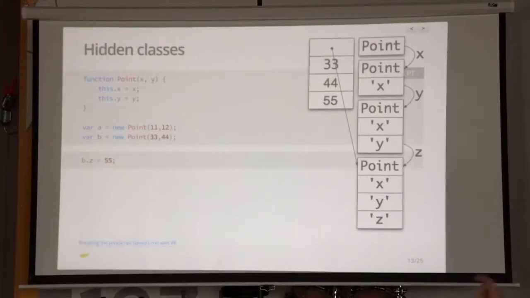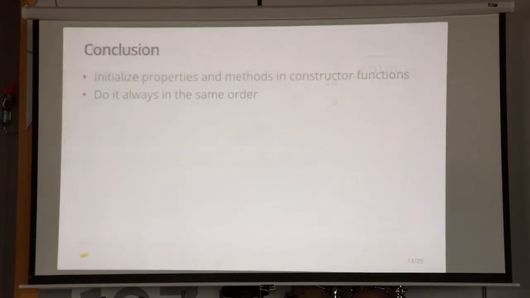If I'm not going to do it in the same order, I'm going to have x, y one time and y, x another time, which is just as legal. It's the same result, but caching is a bit different, and you're not going to enjoy these optimizations in this case.